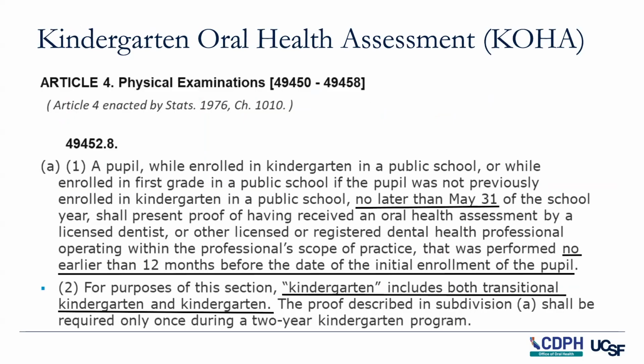And the law defines kindergarten to include both transitional kindergarten and kindergarten. This proof, as already mentioned, is required only once during the 2-year TK or K program. If a child is screened in TK, they do not need to repeat the screening in kindergarten.